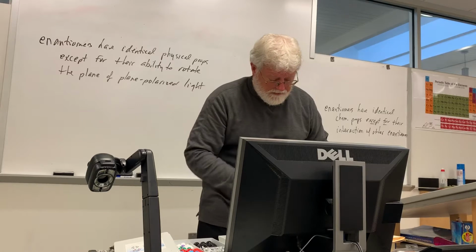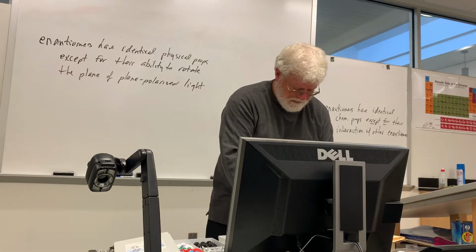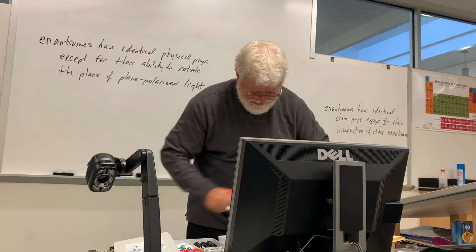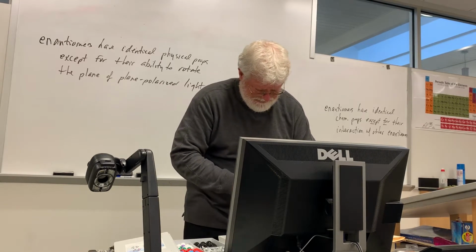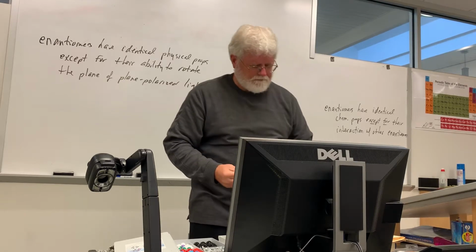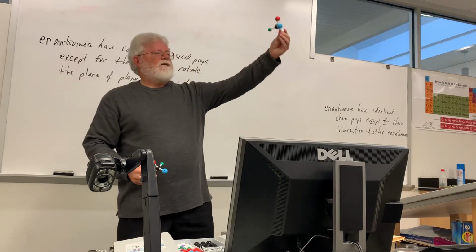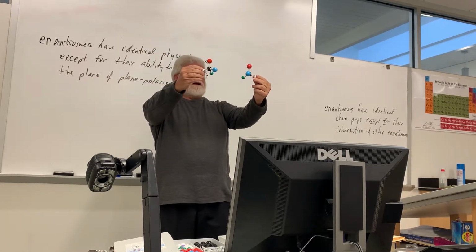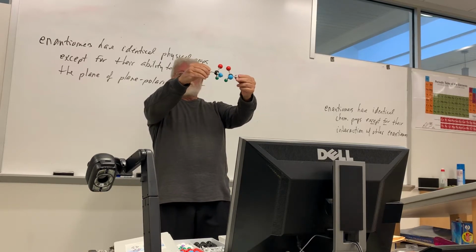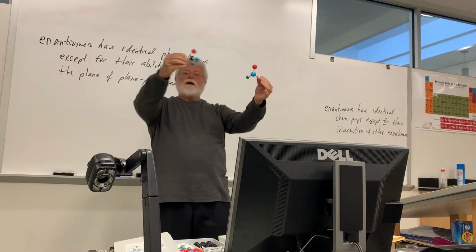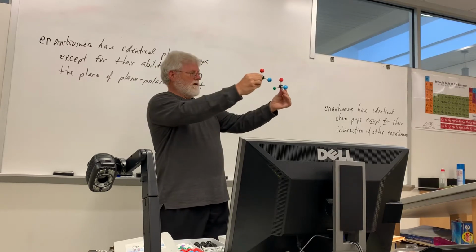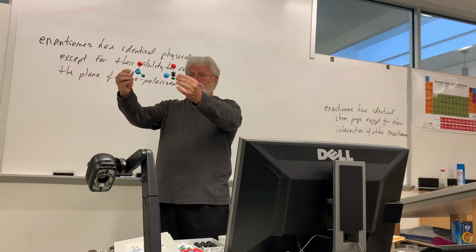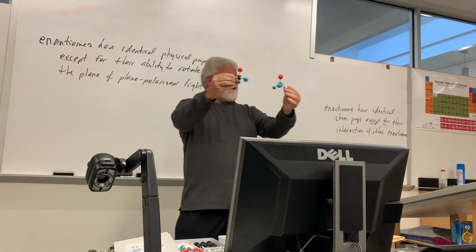Let's put a blue guy on here. If I hold this up to a mirror, I've got this guy. Red guy reflecting red guy, blue guy, green guy, white guy in the back, white guy in the back. So they are mirror images of each other. Are they a pair of enantiomers? Now they are.